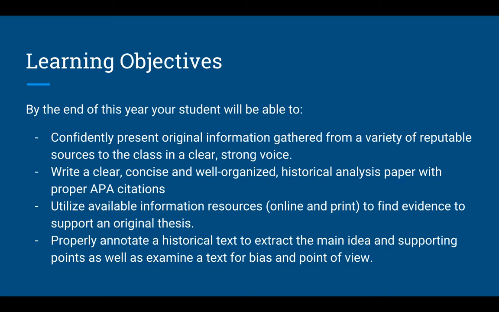By the end of this year, I hope that students will have these skills as well, that they will be able to confidently present original information gathered from a variety of reputable sources to the class in a clear, strong voice, that they can write a clear and concise, well-organized historical analysis paper with proper APA citations, that they can utilize available information resources, online and print, to find evidence to support an original thesis, and that they can properly annotate a historical text to extract the main idea and supporting points, as well as examine a text for bias and point of view. Right?